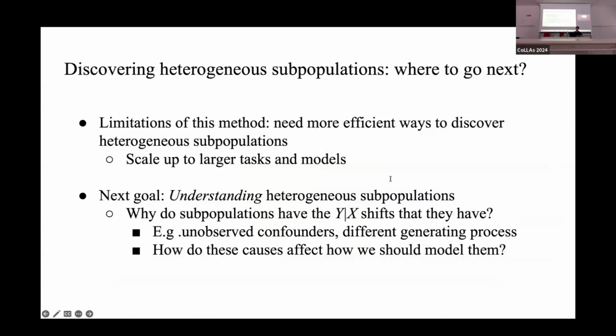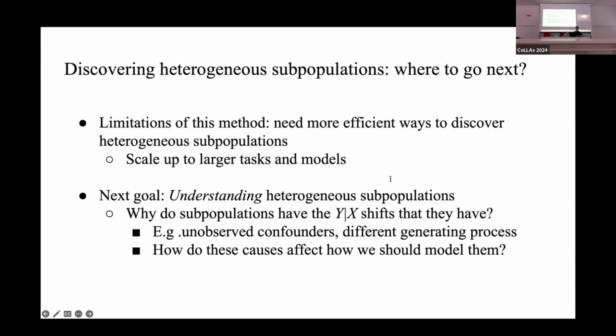To summarize, this work also has some limitations. We need more efficient ways to discover heterogeneous subpopulations, and we need to scale up to larger tasks and models. The next goal is to understand heterogeneity in more detail.